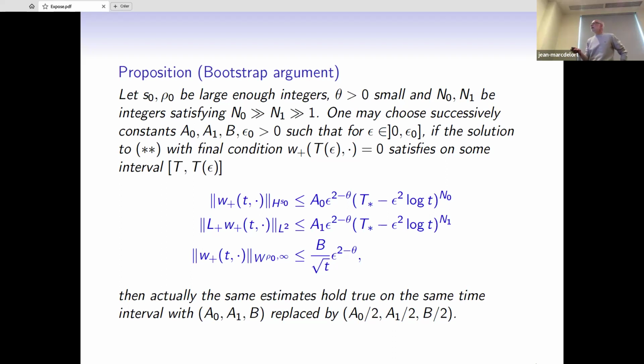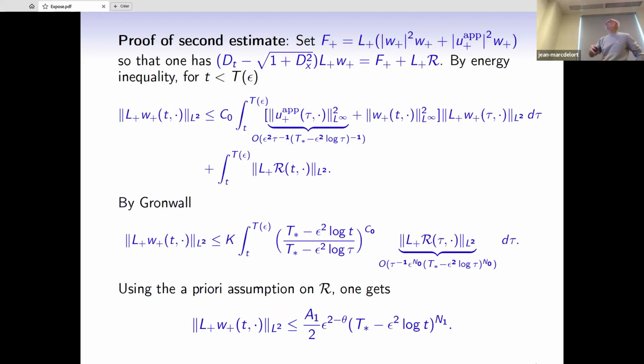And so I won't read what is written on this last slide. I will just explain why it is important to have constructed your approximate solution in a precise enough way. So you know you make energy inequalities.